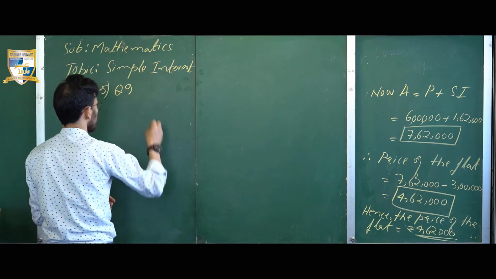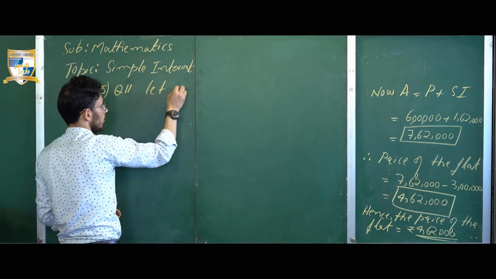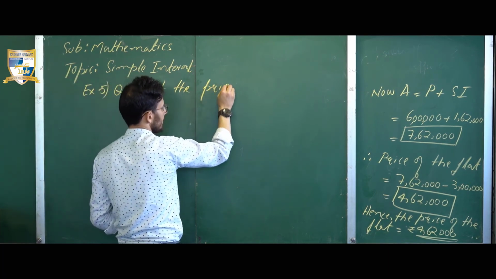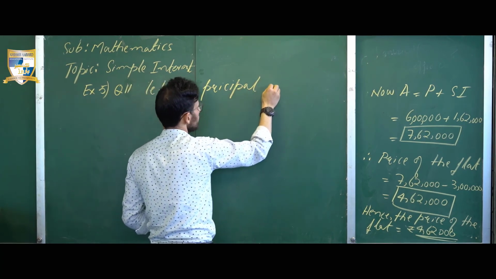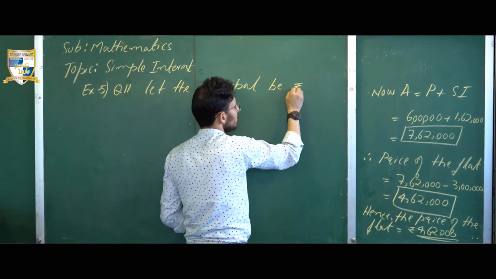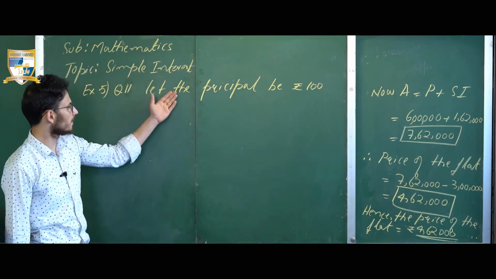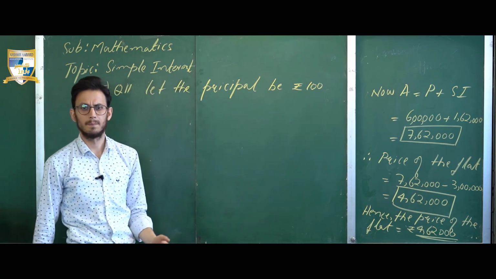So let us suppose that our principal will be rupees 100. I'm supposing here that my principal, my original money, is equivalent to rupees 100.